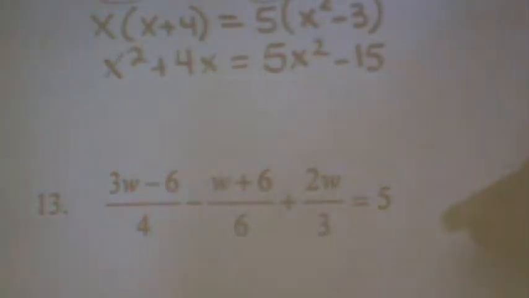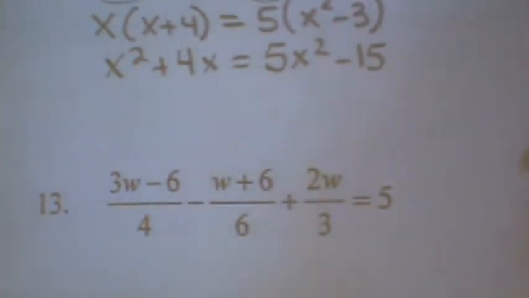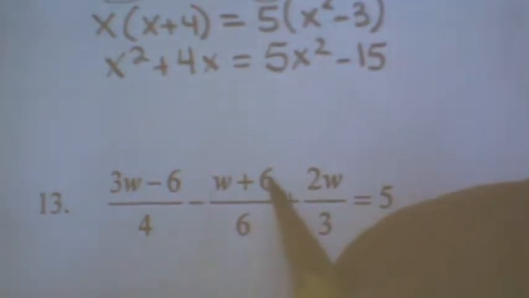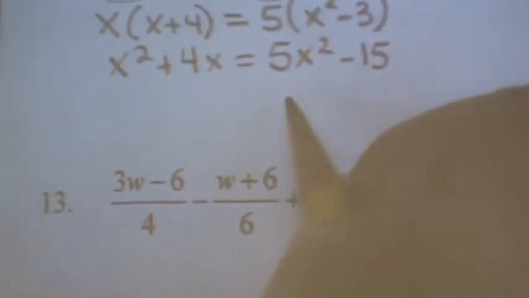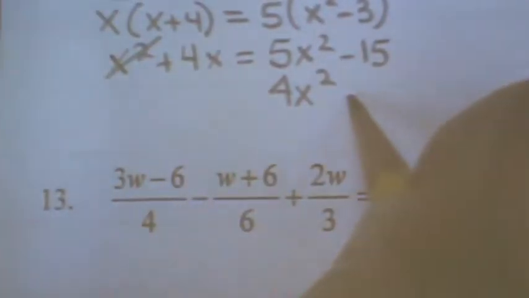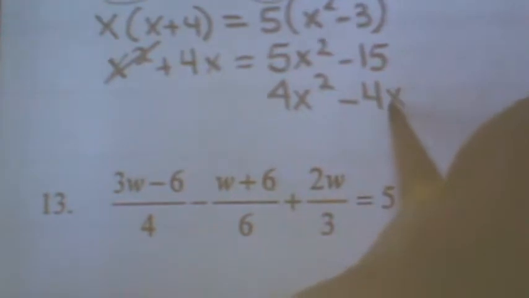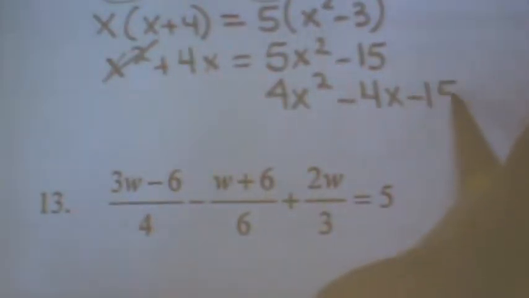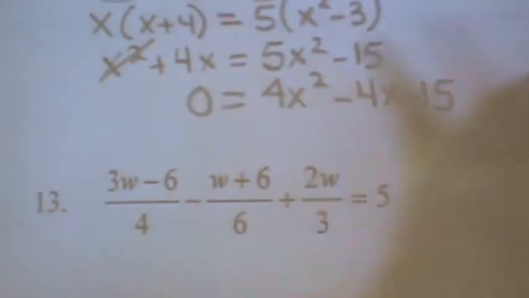Okay, next, what do you do? Add 4x, so you can get rid of that x squared over on one side. Is that right? Yeah.